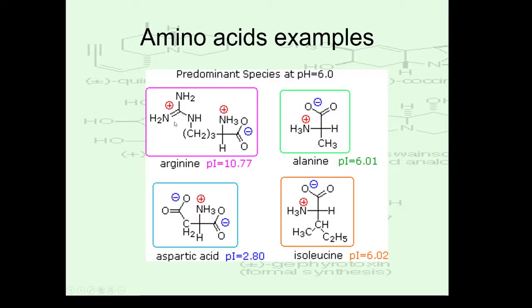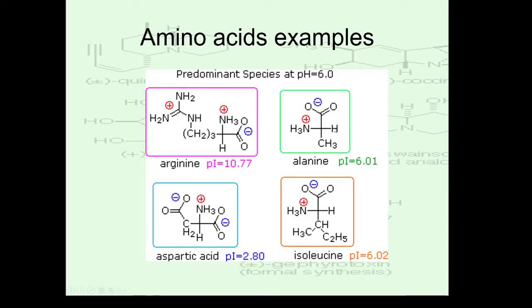If I have additional amine groups on my side chain, my pI is going to be a high number. If I have additional carboxylic acid groups, like glutamate or aspartate as we're looking at here, then my pI is going to be a low value.